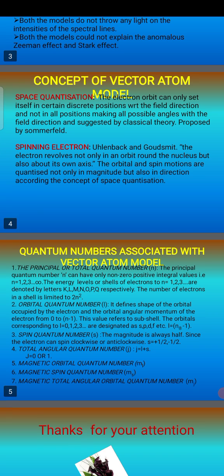Every l value except that for which l is 0 is consequently split into two levels with different energies. So this explains the fine structure of the spectral lines, although the number of lines is limited by the selection rule delta j equals 0 or plus or minus 1.